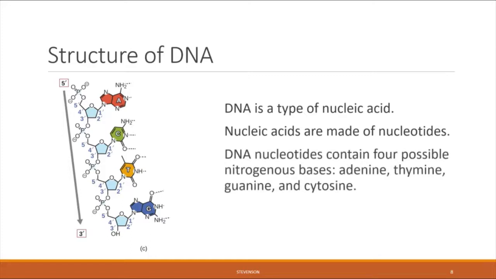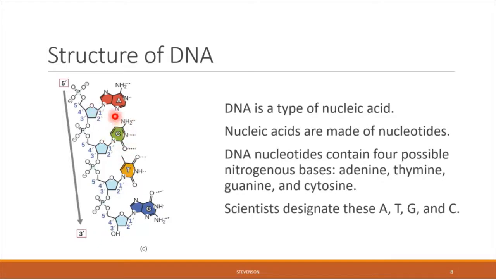And the DNA nucleotides contain 4 possible nitrogenous bases within them. Those nitrogenous bases are adenine, thymine, guanine, and cytosine, which biologists designate with an abbreviated letter as A, T, G, and C. So that's what you see in this DNA strand here.